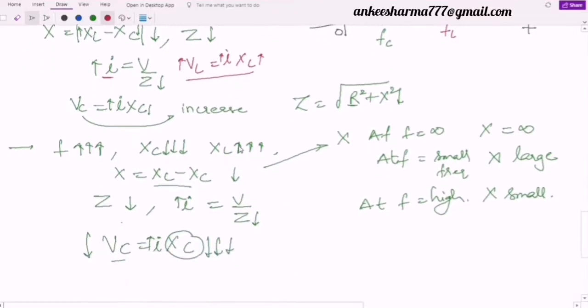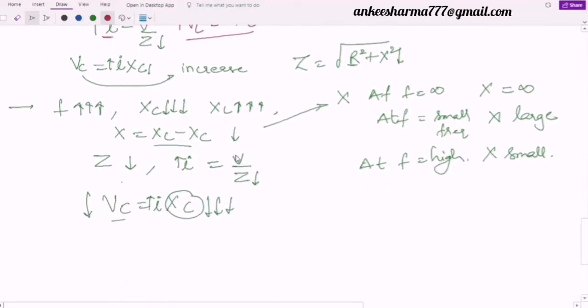Now look here, what is going to happen when I increase to a very high frequency? When the frequency becomes very high, XL value will be increased to a very high value. Due to that, the I value will also increase to a very high value. XL is very high, then definitely VL, which is equal to I into XL, has increased, since XL is increased and I is increased.